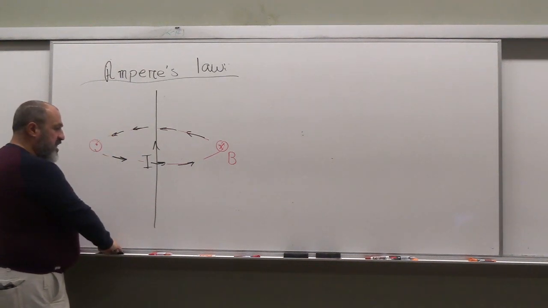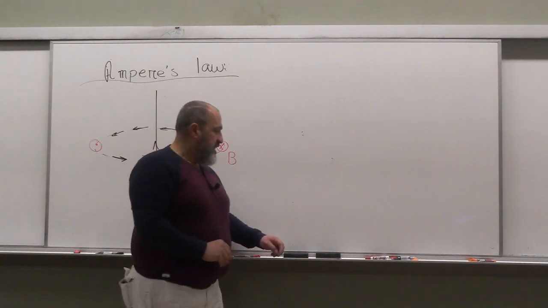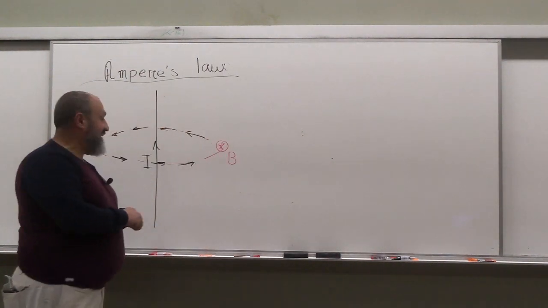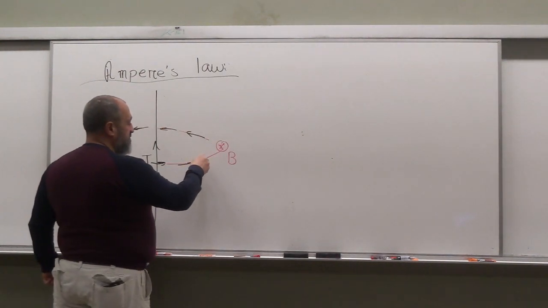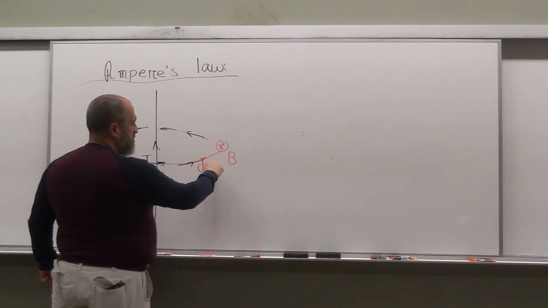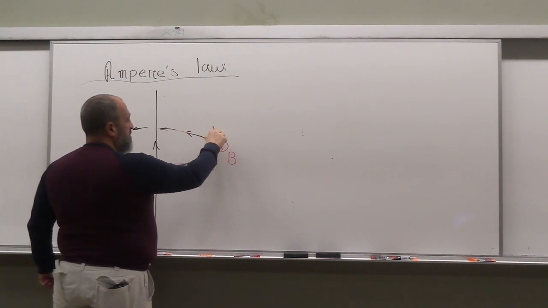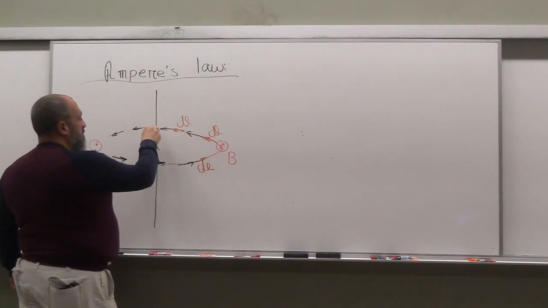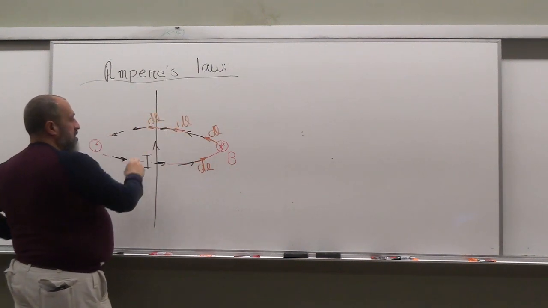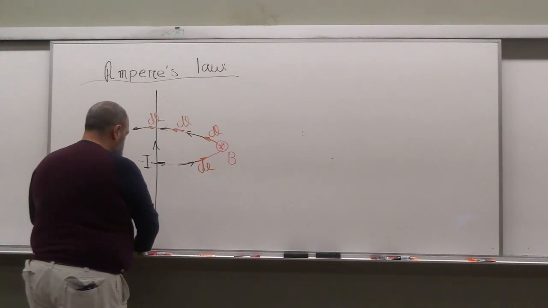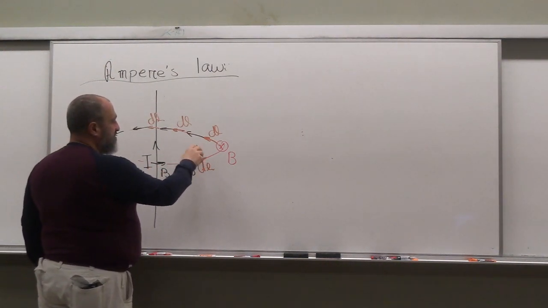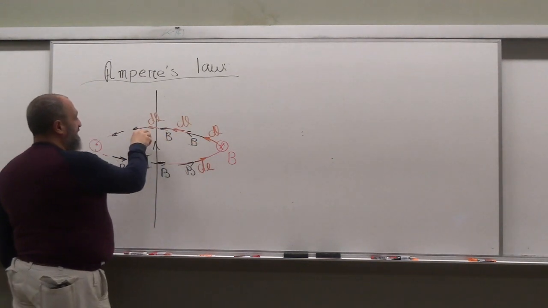And I'd like to draw along this contour as well elements of length dl that are elements of length along the contour. And I will label this as B. So the field and the elements of length are always parallel.